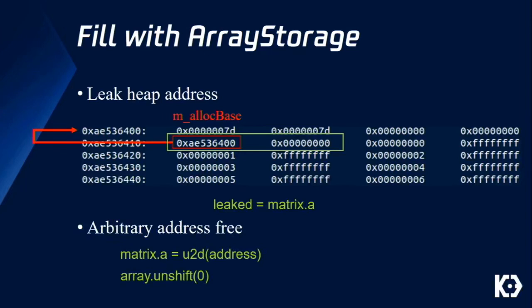So we leak the heap address by reading the property A of matrix. We can add the m_allocBase to any address. So with array shift, we can achieve arbitrary address free.